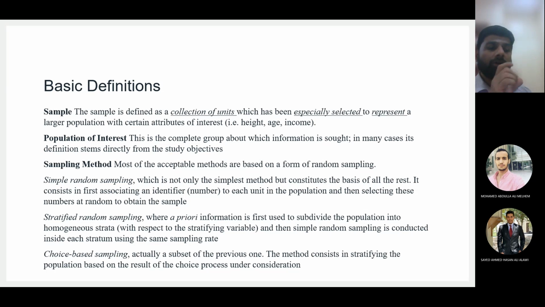So you divide your information into segments which are similar to each other. For example, you divide your population on the basis of income: high income households, lower income households, middle income households. And then you take a random sample from each segment of the population.